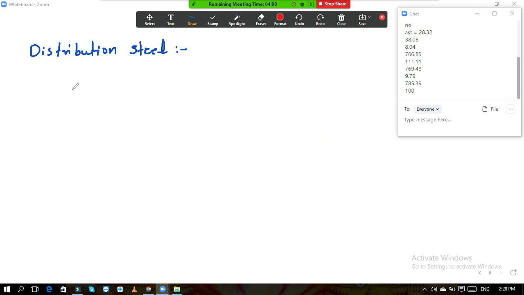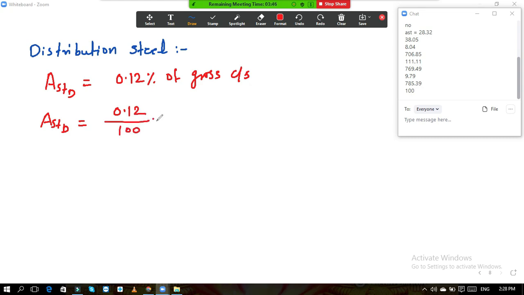So what is the distribution steel? ASTD is equal to, now Fe steel is given, so it is 0.12% of gross cross-sectional area. Okay, so ASTD is equal to 0.12 divided by 100 into b into d, which is equal to 0.12 divided by 100 into the value of b is 1000 and our overall depth is 200.